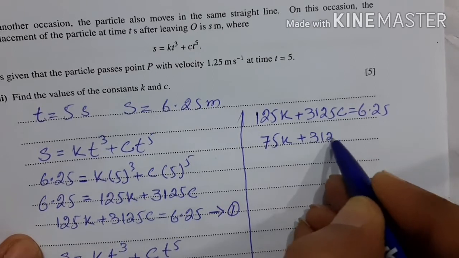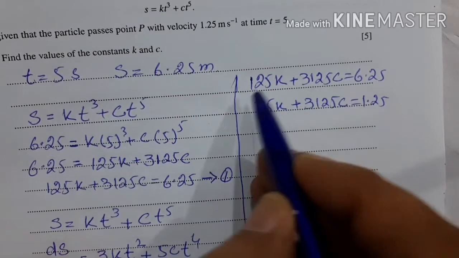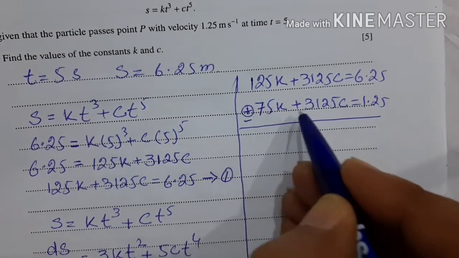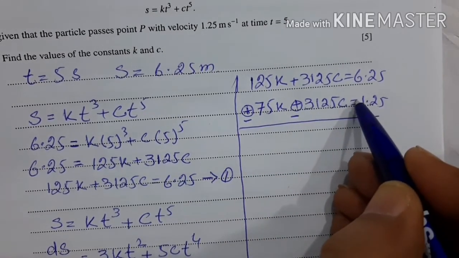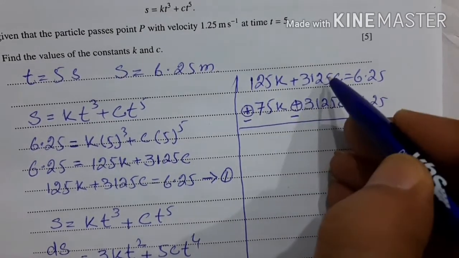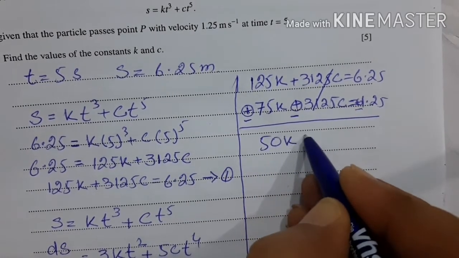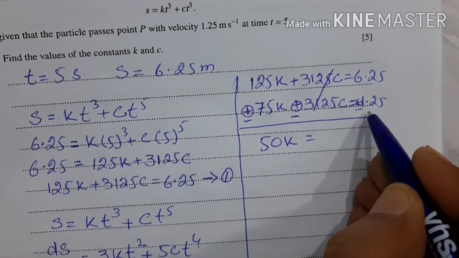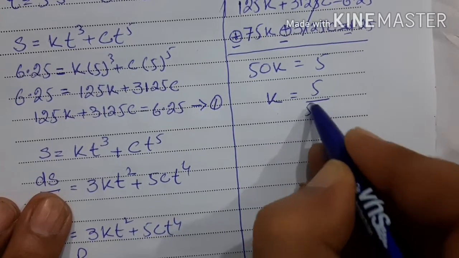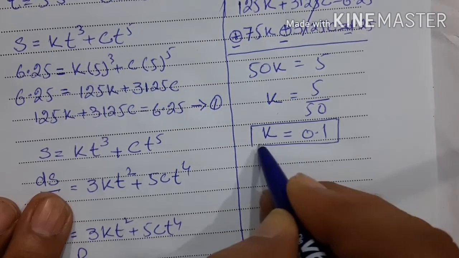Now I'm going to subtract them, so the sign changes, this will be plus and minus. So the 3125c terms will cancel. 125 minus 75, this is 50k. 6.25 minus 1.25, this is 5. So k is equal to 5 over 50. So k is equal to 0.1. This is the value of the first constant.